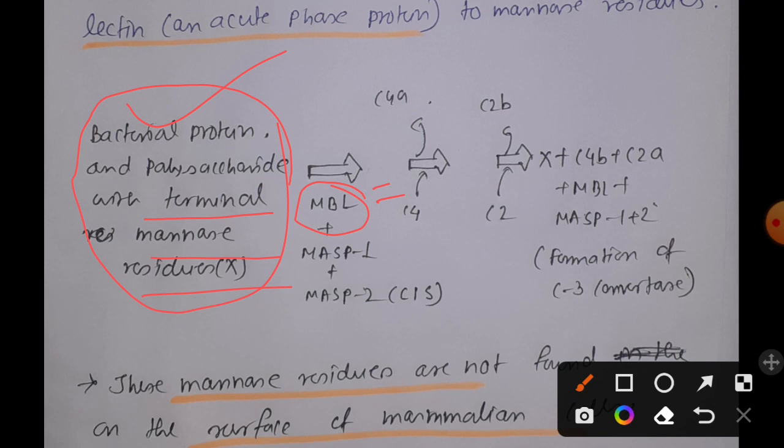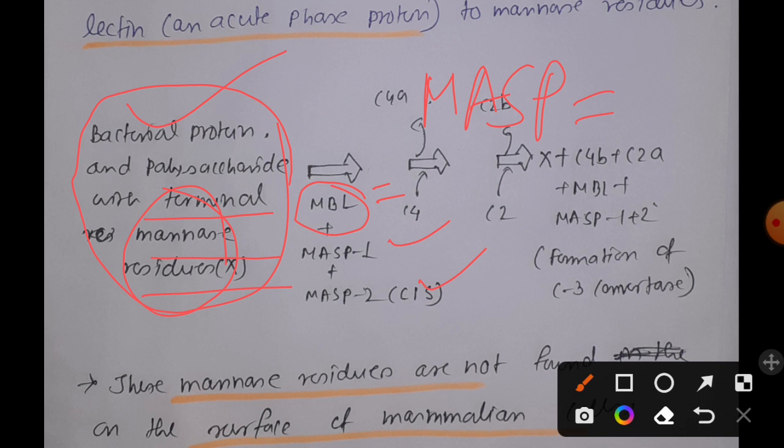So this mannose binding lectin binds with the terminal mannose residue, and then upon this binding, two proteins will be activated, MASP1 and MASP2. Now the question is, what does MASP stand for? MASP is mannose associated serine protease, so MASP1 and MASP2 are mannose associated serine protease 1 and 2.